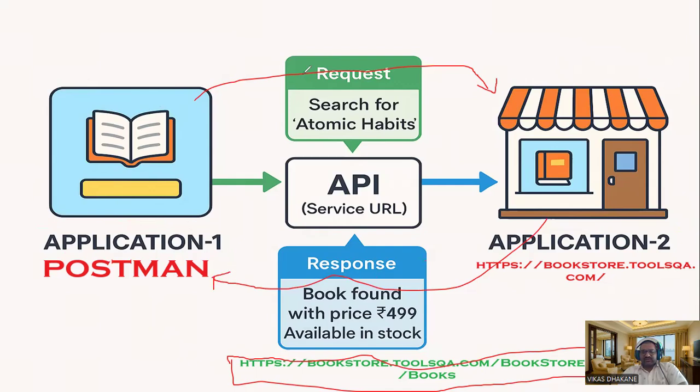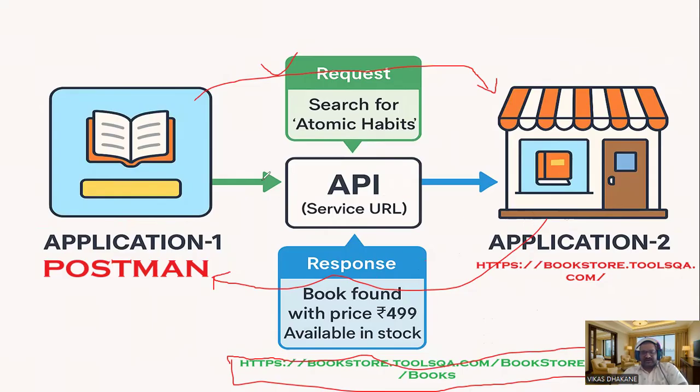Our application one request will consist of what kind of information we want and what kind of message we are going to send through the API, and what its language will be. All of that will be part of our request. The response will be sent by application two, and it will consist of information regarding the books, their authors, ISBN, etc.